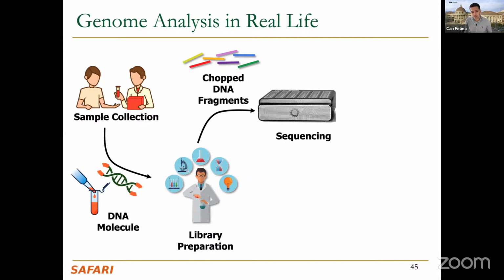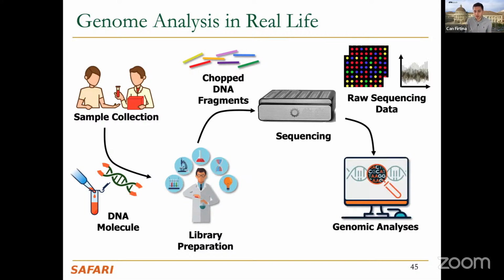These fragmented DNA is inputted to the sequencing devices, and then these sequencing devices generate raw data that is typically based on how the sequencing technology is designed. And then this raw data is usually translated into ATGC so that we can do the analysis.